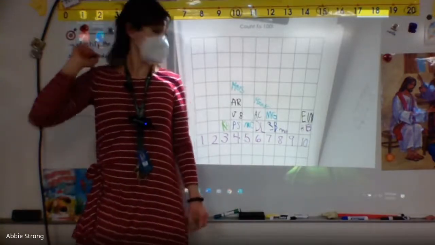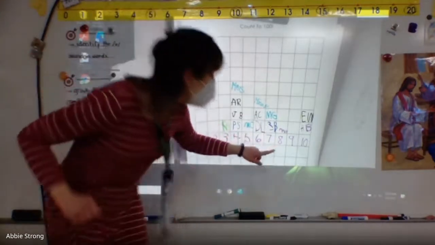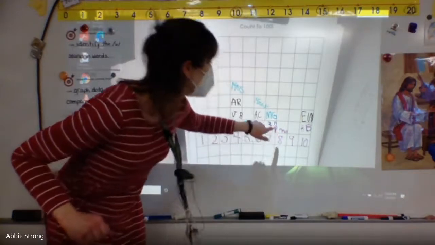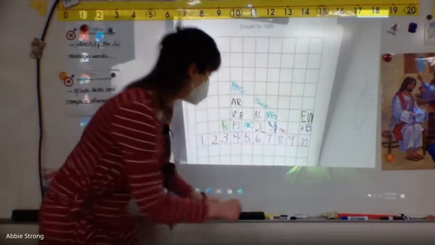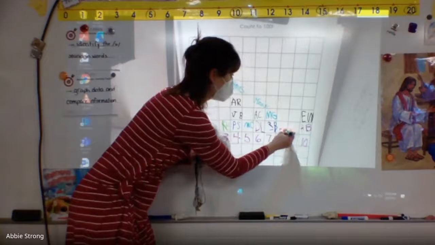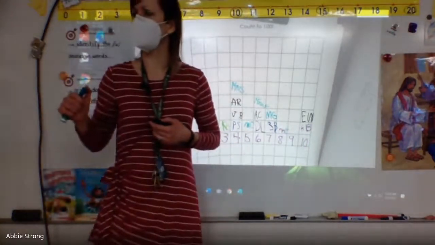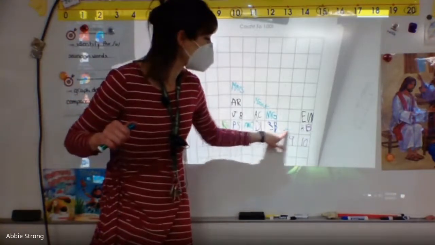Addison. 8. Good. Mikhaili. Oh, no. M-E. Oh, yeah. This was supposed to be a P for Mia, I think. Mia, how many did you say was in your family? I don't think this is in the right spot.